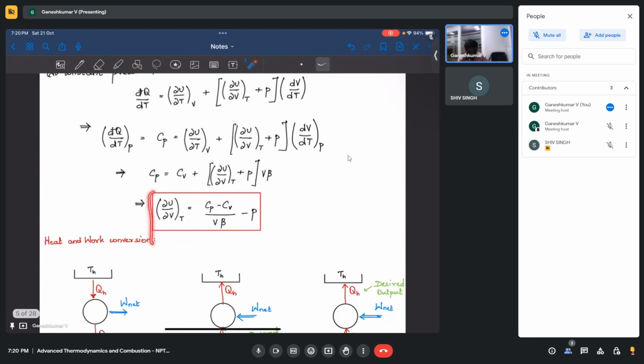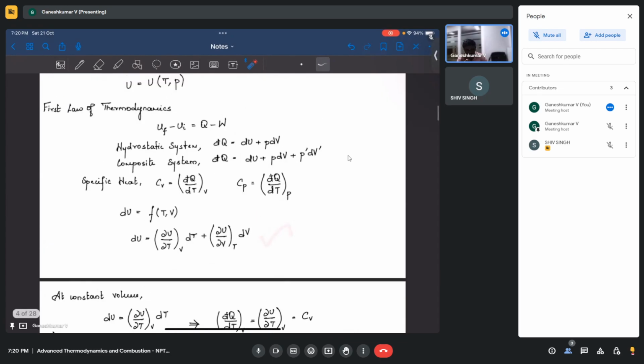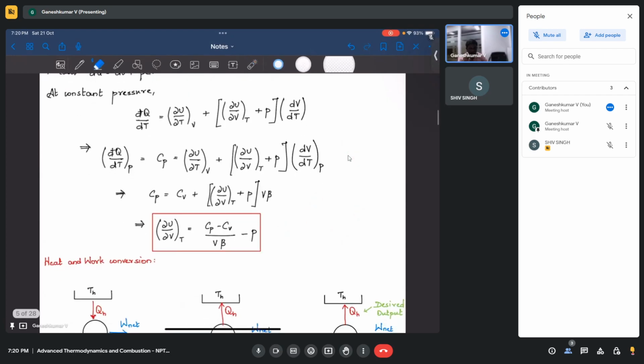These equations come from this equation and the knowledge of the first law of thermodynamics. So if you know these two, you don't need to remember these. You can always come up with such expressions.